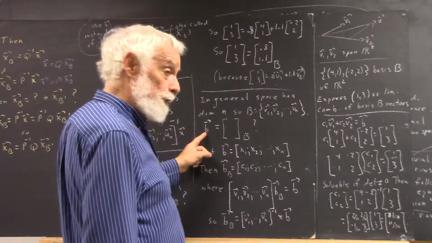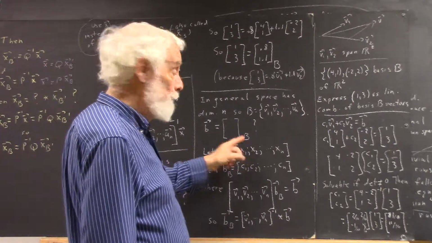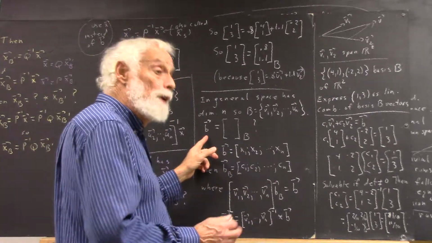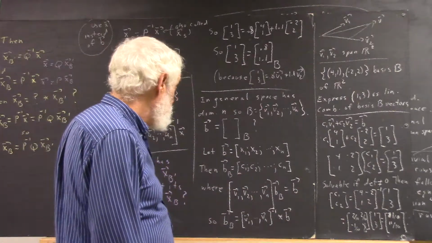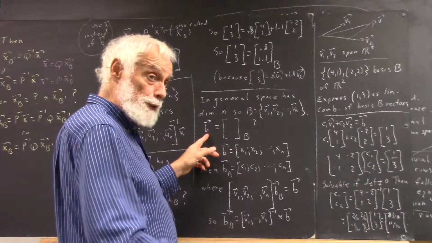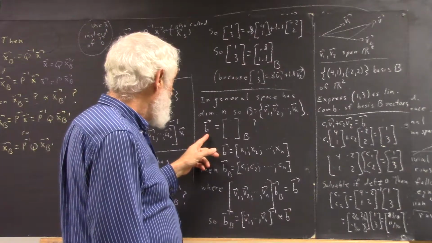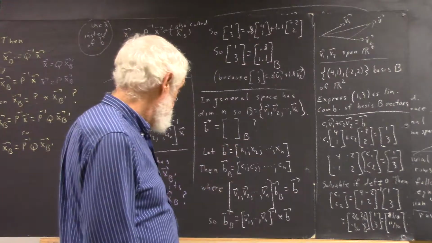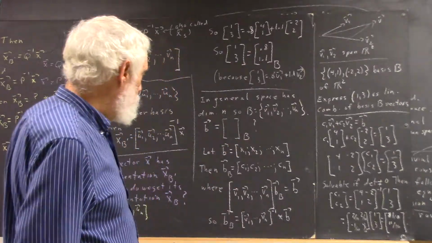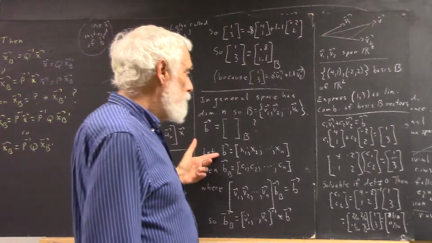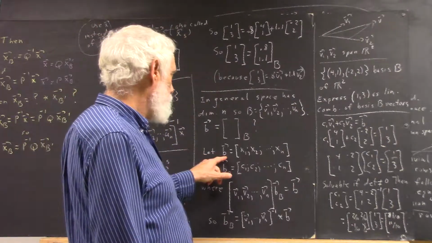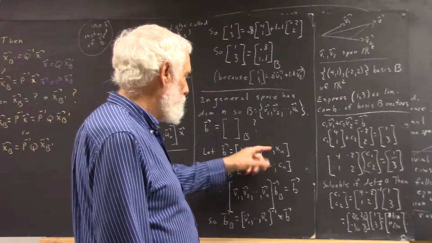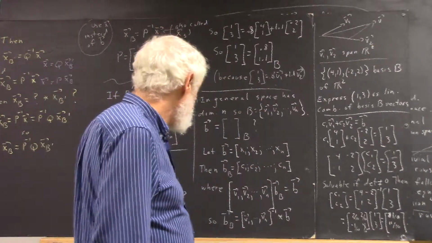It's just coincidence that we have the same letter, but this is capital and this is small, so they have completely different meanings. The small b is any vector in the space, and we want to express it in terms of the basis big B. So let's call that vector x1, x2, up through xn. These are semicolons, so this is really a column vector.